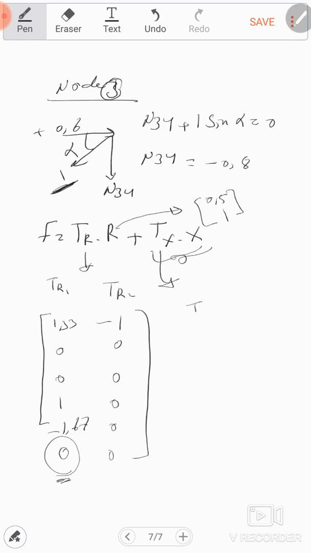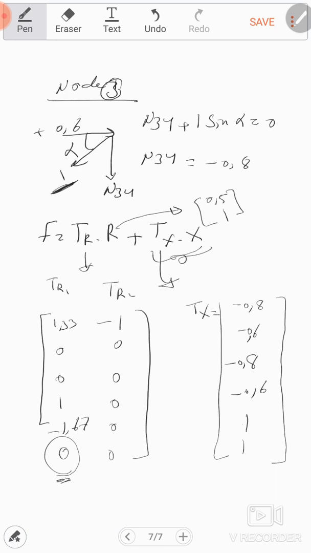So TX equals minus 0.8, minus 0.6, minus 0.8, minus 0.6, 1. You can recheck again how we can calculate this value.